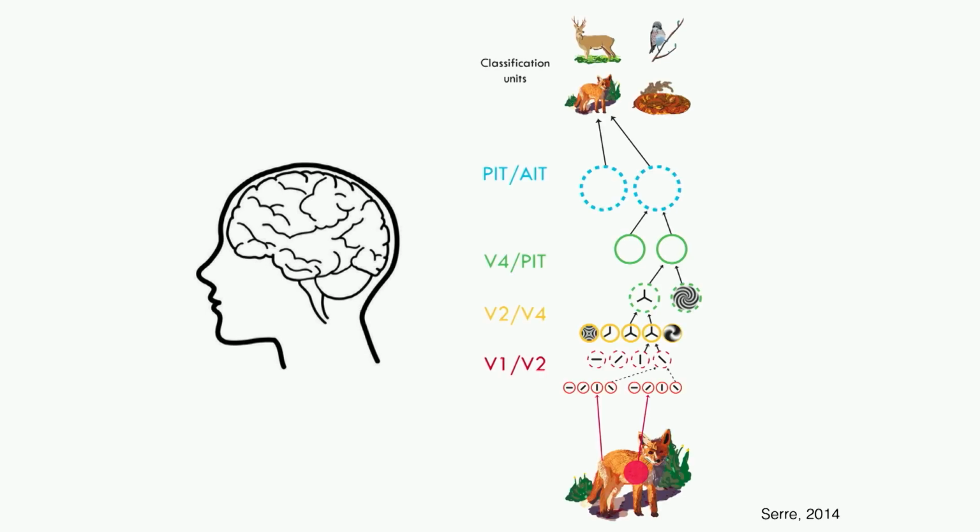Okay, so let's look at how they work. They're essentially modeled off of biological brains, at least inspired by biological brains in the first place. And here's how neuroscientists think that the visual cortex in a human brain or a monkey brain will recognize images.